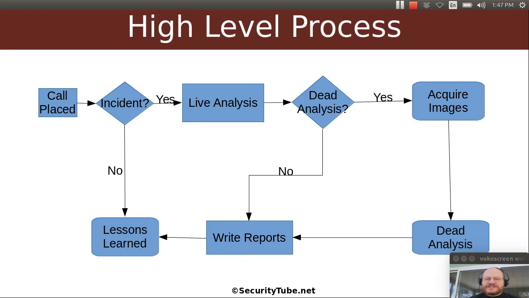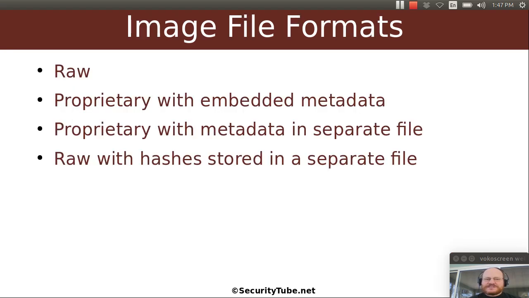If you're going to take an image, the first thing you have to decide is what format that image will be. There are a couple of different choices for image file formats. The easiest one is RAW. RAW is nothing but all of the bytes from the file system compacted together in one big block.